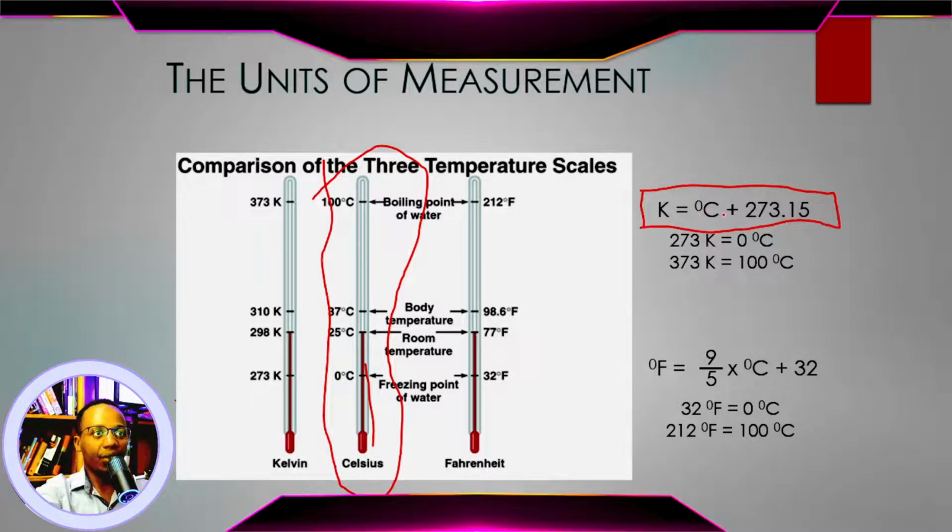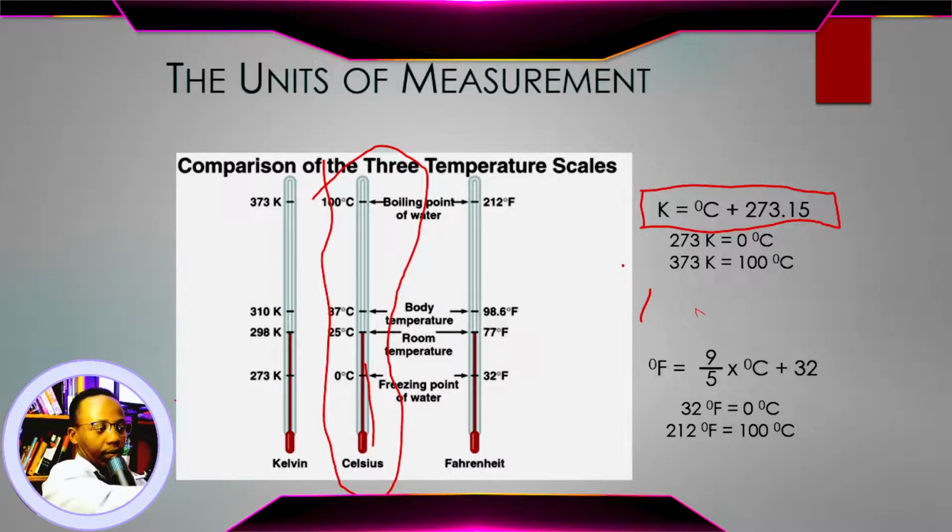Kelvin is 0 degrees Celsius plus 273, and you can disregard the point 15. So we just say Kelvin is Celsius plus 273. So how do we use that?